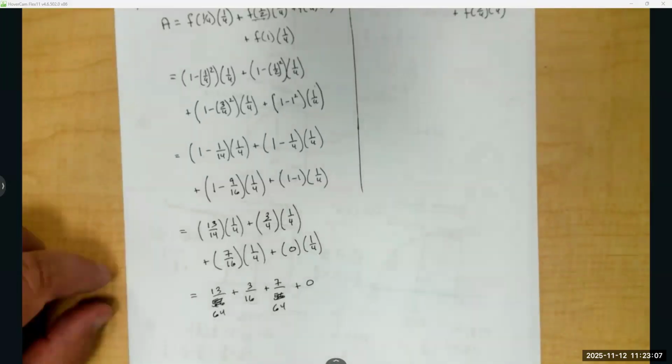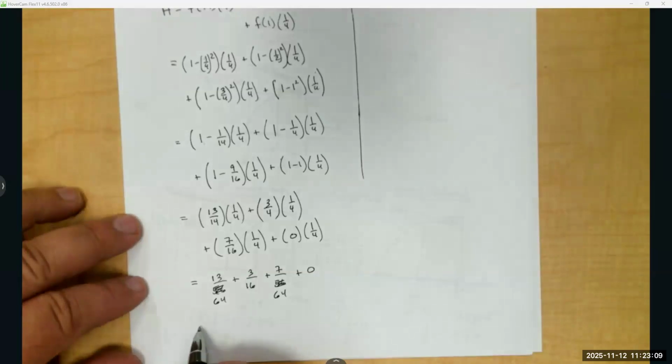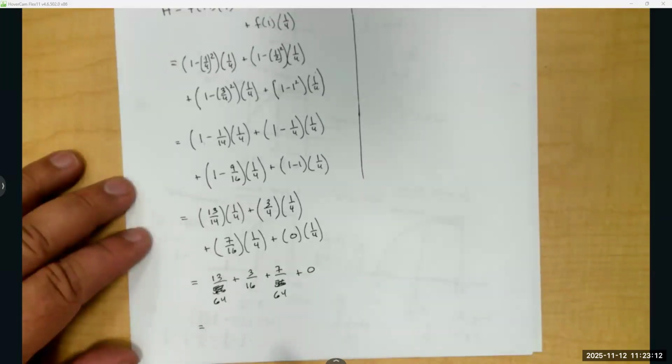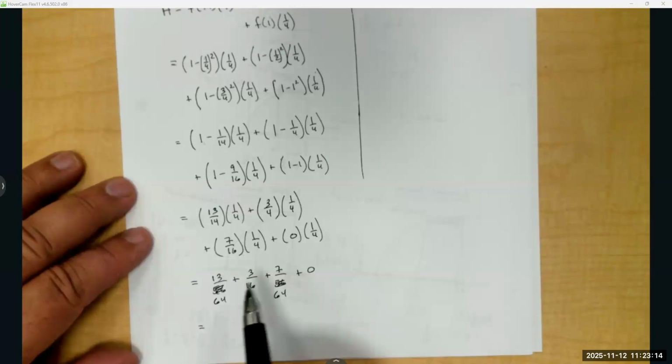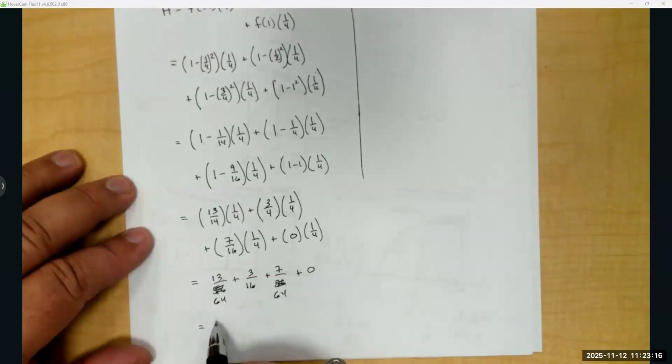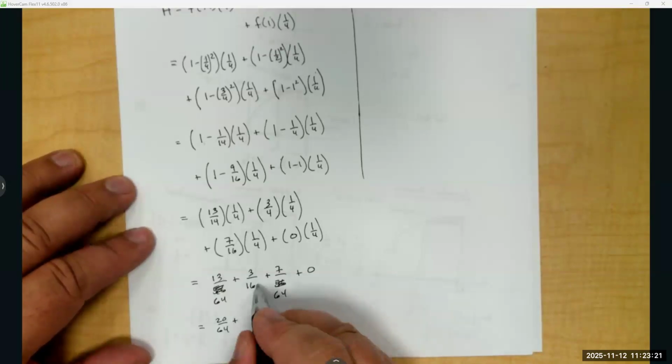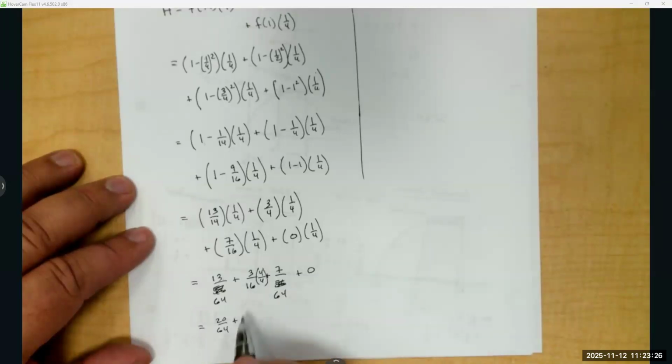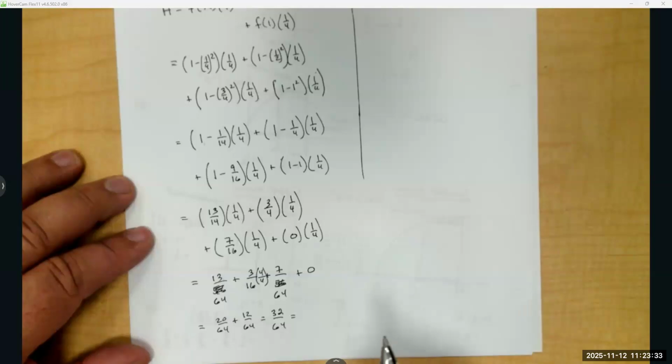Plus 0. So we have 13 plus 7 is 20, 20/64. If we multiply by 4, then we have 12/64. 32/64 is, yeah, 1/2 or 0.5.